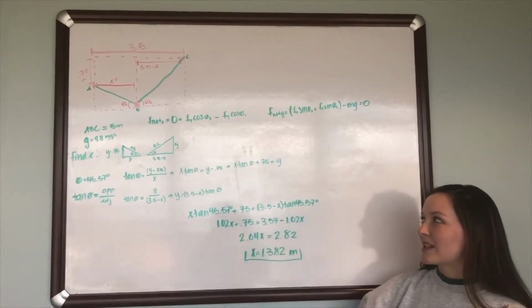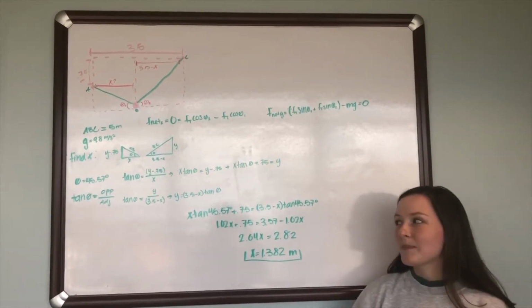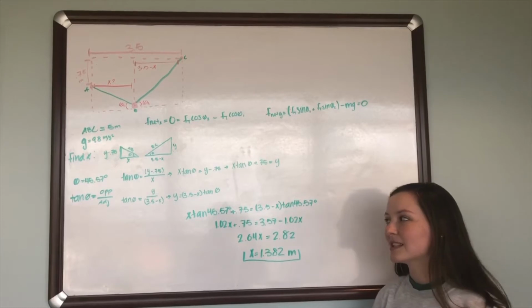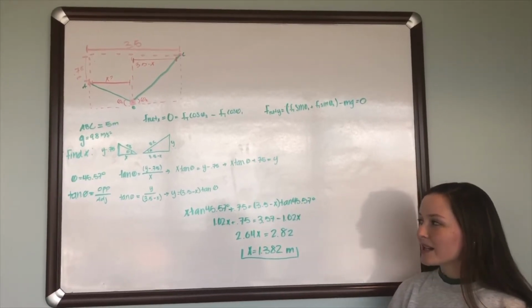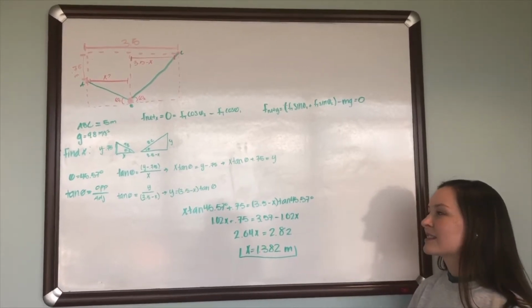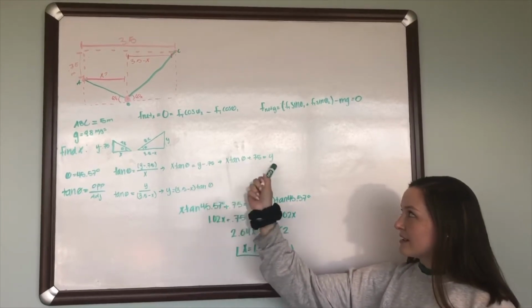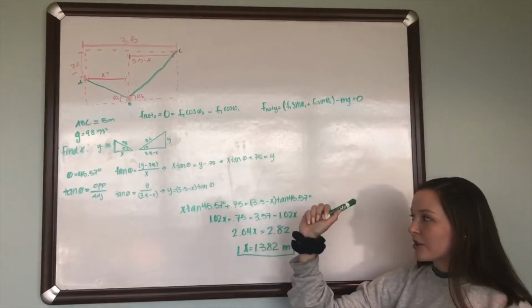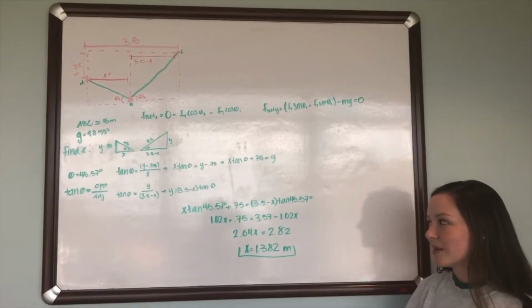And we can manipulate that to be x tan theta plus 0.75 is equal to y. And then for the larger triangle, we can say that tangent of theta is equal to y over 3.5 minus x, which then becomes y equals 3.5 minus x times tangent of theta. Now we can set these two y's equal to each other and have one variable that we don't know. That's going to be x.